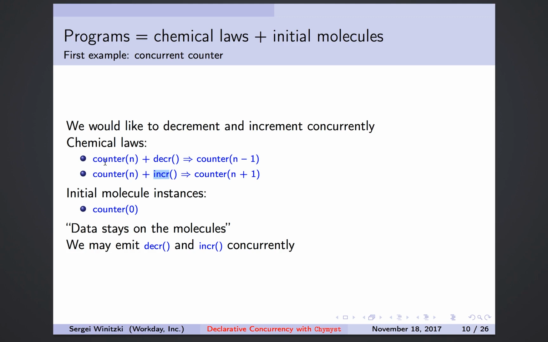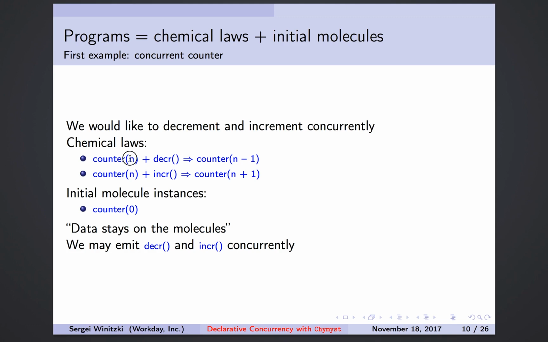The first one is that the counter molecule and the decrement molecule react and emit a new counter molecule, and the value that this new counter molecule will carry will be equal to this value minus 1.